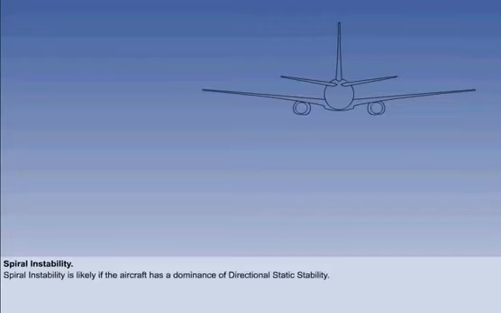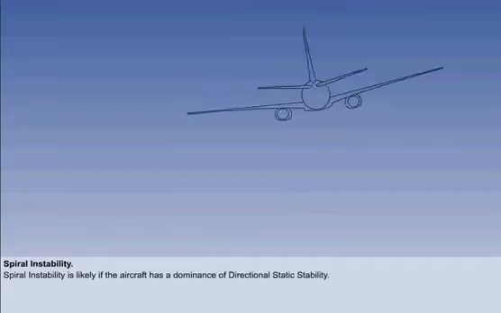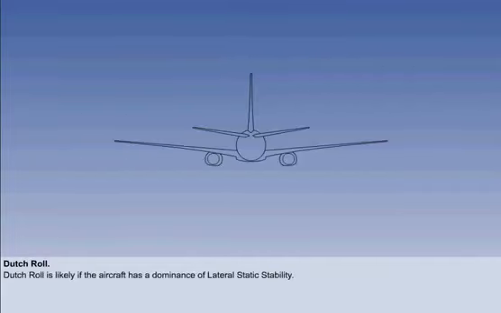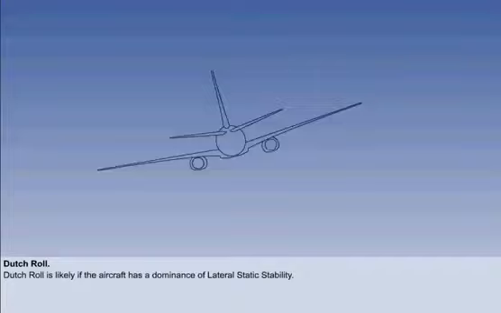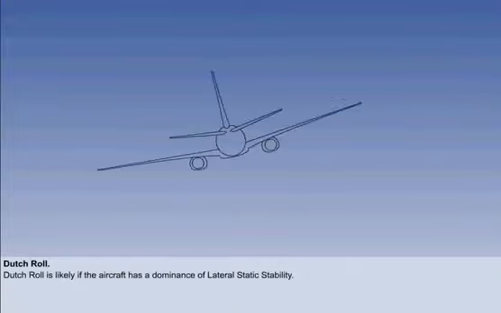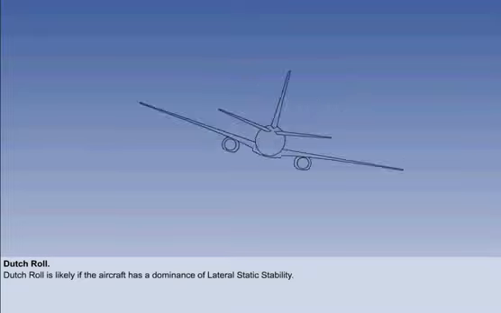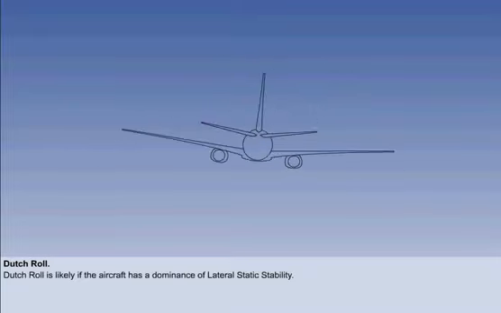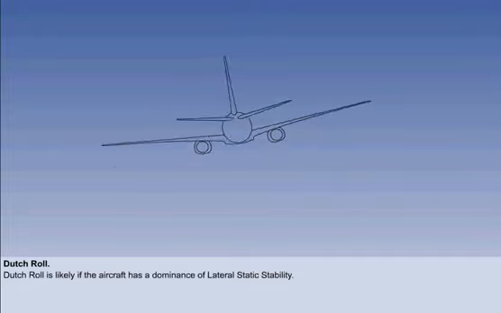If directional static stability is dominant, the aircraft will suffer from spiral instability. If lateral static stability is dominant, the aircraft will suffer from Dutch roll, a combination of rolling and yawing. Because jet transport aircraft have a swept wing, they have a tendency to Dutch roll, and are fitted with a device called a yaw damper to prevent it.